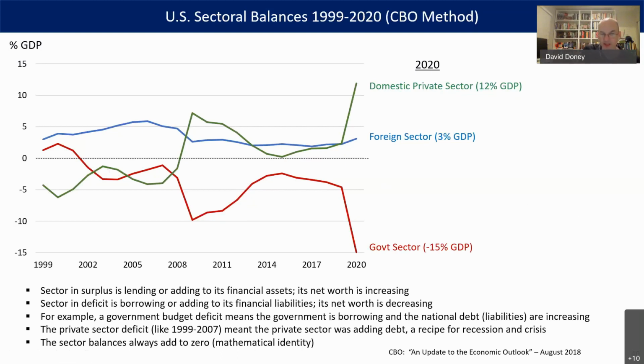It's a net borrower. Its net worth is taking a hit. And if your private sector is borrowing and is taking a hit like that, its net worth is getting hurt, the economists, not just MMT economists, but others are like, that's a dangerous position to be in because eventually the private sector just can't keep borrowing the way a government can. The private sector eventually hits a wall.